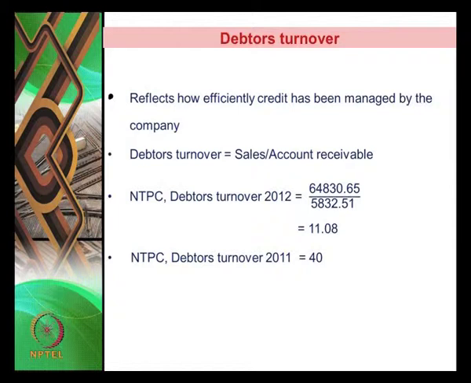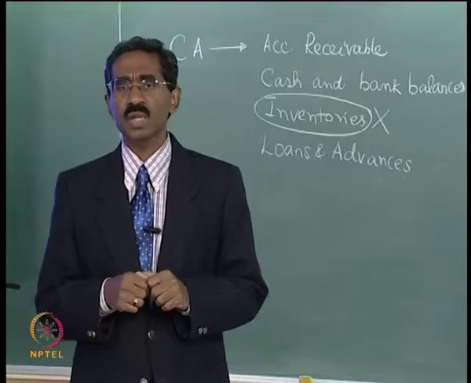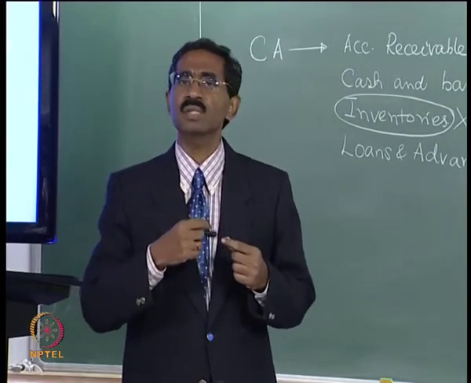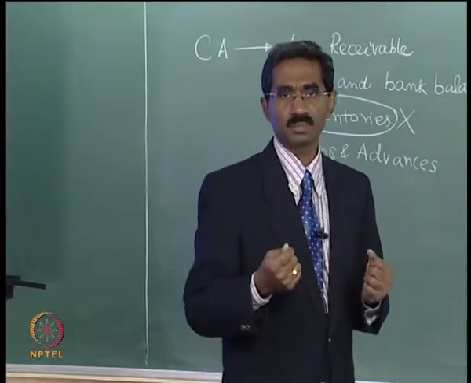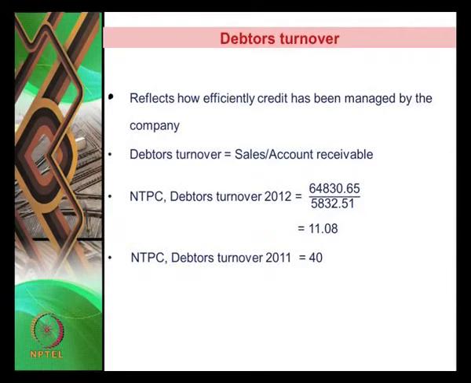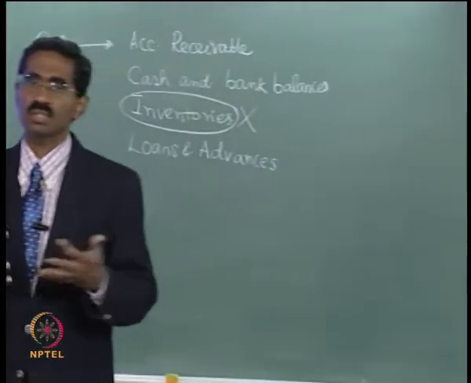So simply speaking, the company has been able to turn over its debtors 11 times in a year. Now let us look at the debtors turnover for 2011, and in 2011 the debtors turnover happens to be 40. So therefore we can infer that the company has been able to turn over debtors 40 times in a year in 2011. Now which is more efficient?